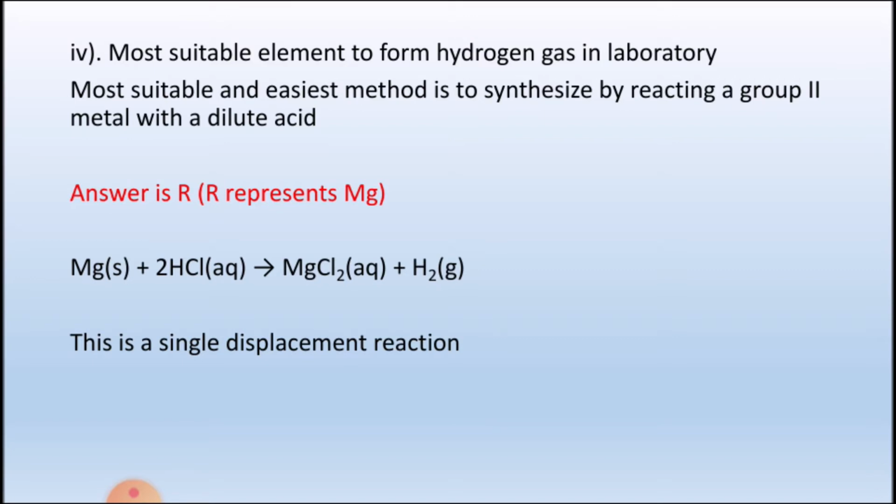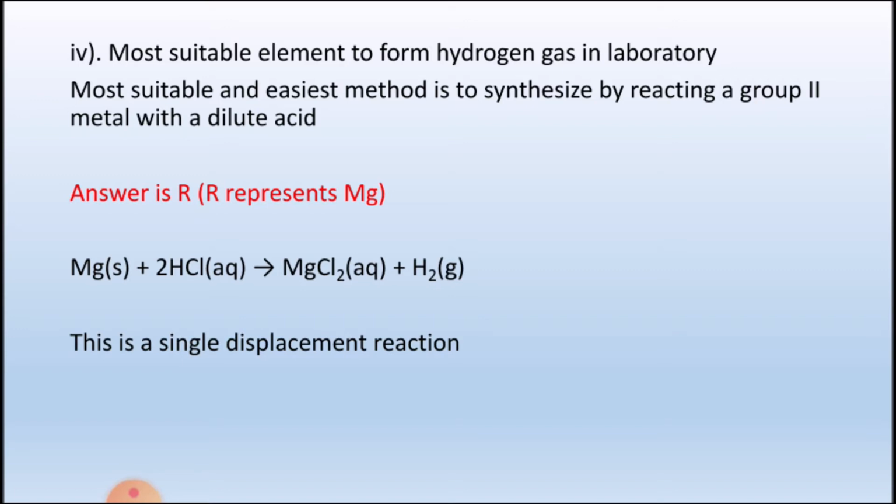So from this we can take R as the answer, because R represents magnesium here. I have shown you the chemical reaction that occurs: magnesium reacts with 2 HCl molecules to form magnesium chloride, releasing hydrogen gas.